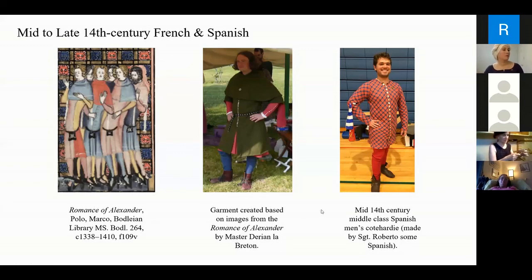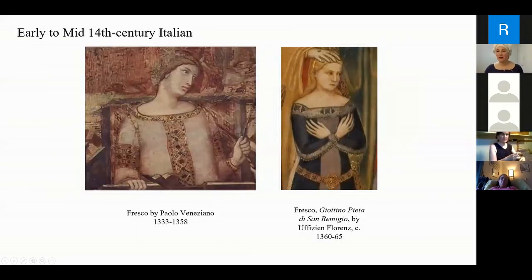And then Italy is a little different when it comes to its styles. And since I study Italy primarily, it's where most of my research has been. So in the early part of the century, Italian fashion is very heavily influenced by Byzantine culture and fashion.